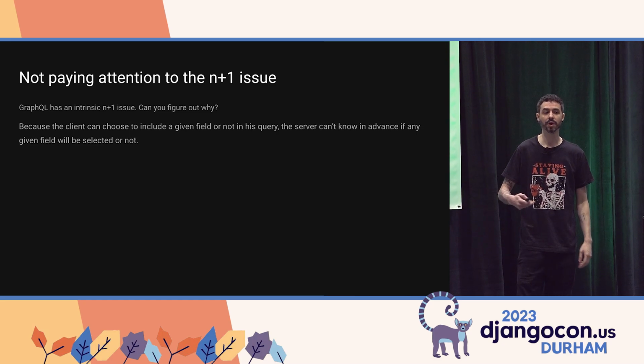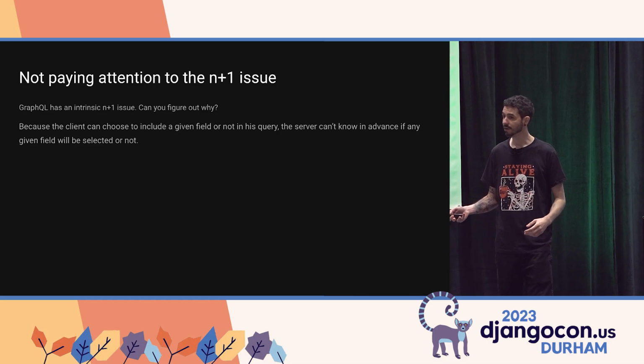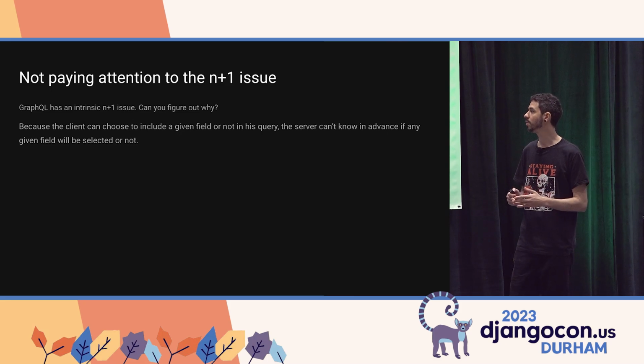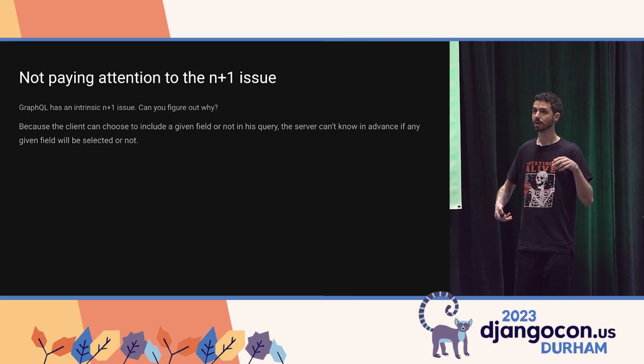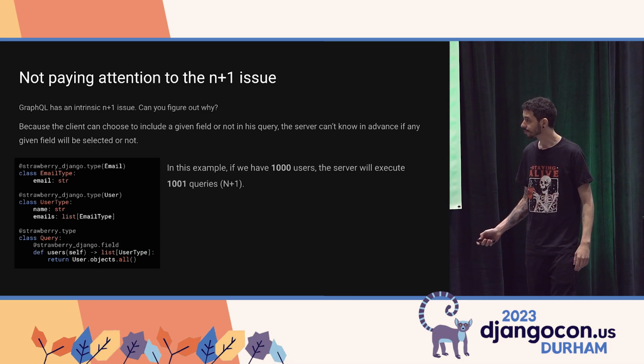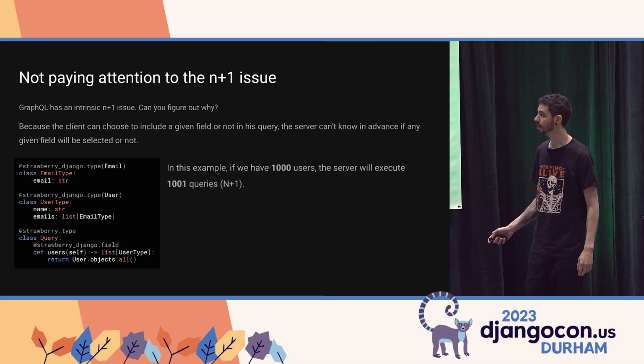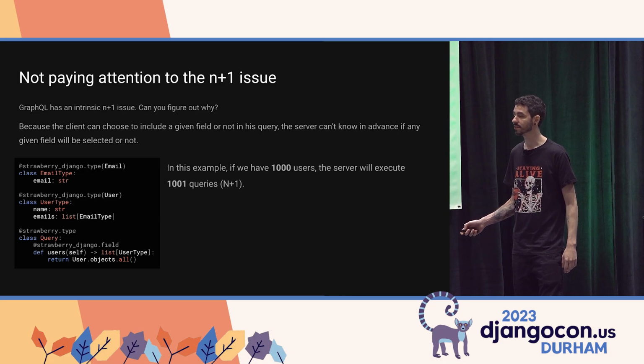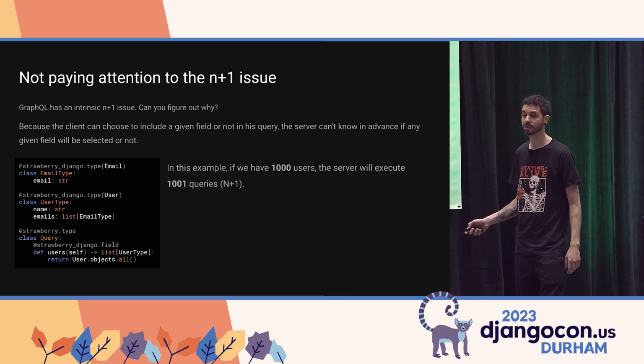So there is no way for you to know in advance if the client is going to ask for a given field. So if I am retrieving, using this example, a list of users, I don't know if they are going to ask for the emails or not.